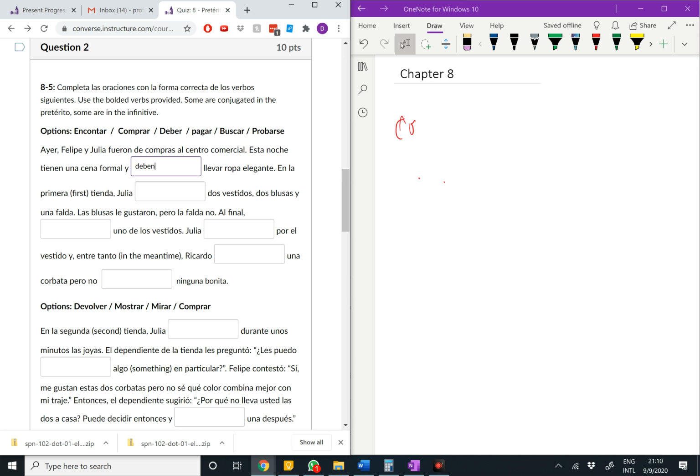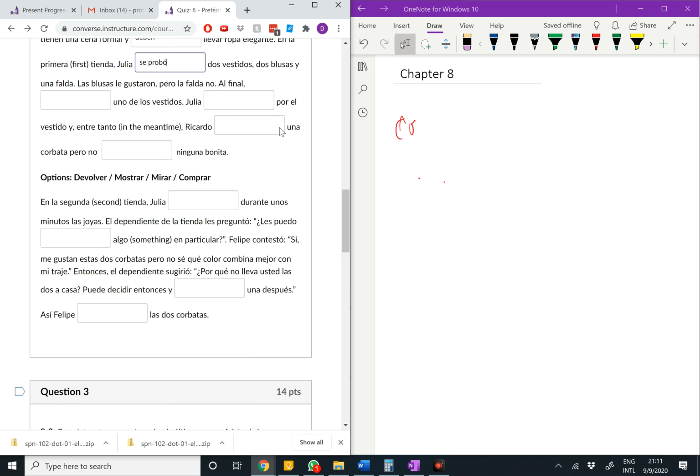En la primera tienda, Julia did something with 2 dresses. It could be comprar, maybe not. I would say probar, right? And we have to remember that this is reflexive. Se probó dos vestidos, etc. So eliminate your options one at a time. This question is difficult because it could be in the present, it could be in the preterite, it could be in the infinitive. Remember, when we have 2 verbs in a row, the first one is conjugated, the second one gets left in the infinitive.